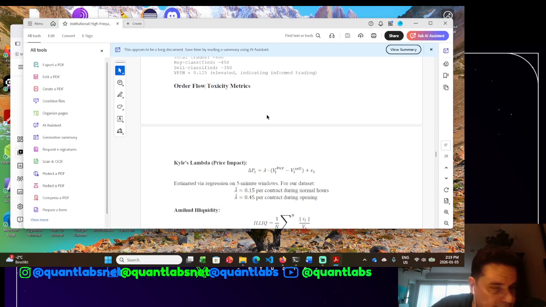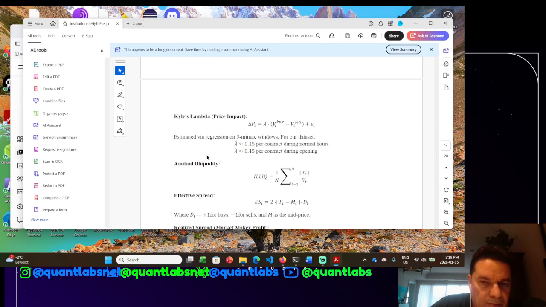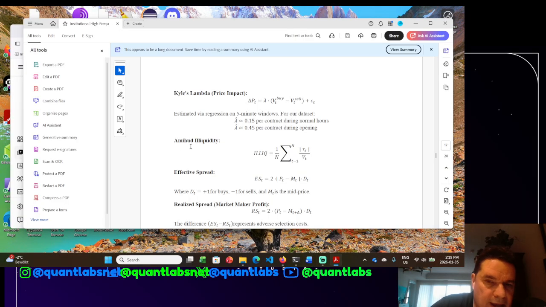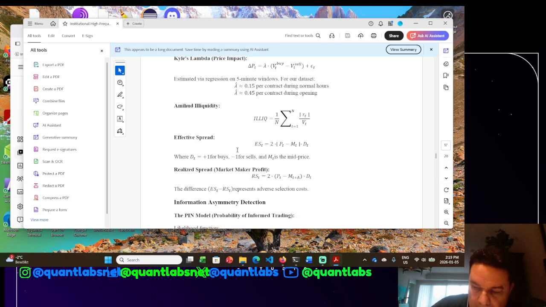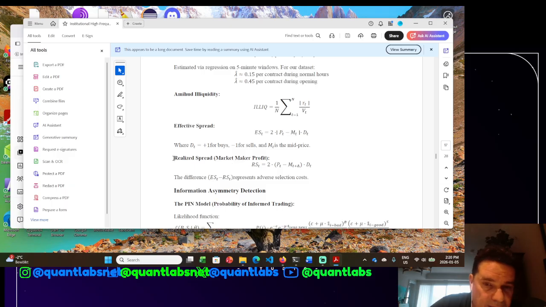Again, I'm no expert in this, using this Kyle Lambda process and this Amihud illiquidity. And this is important to know about whatever you're trading, not just Bitcoin, but maybe other altcoins or illiquid assets or instruments that don't have the liquidity and where you get a lot of slippage coming in. But a lot of the dumb money don't know this stuff. That's the sad part about it.